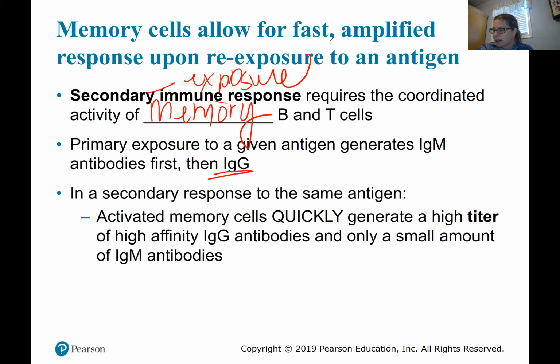I'll show you a slide of that here in just a second. So second response to the same antigen works really quickly and generates a higher titer. And a titer is basically just the concentration of an antibody in a substance like the blood. So if you have high titers of antibodies, that means you have a lot of antibodies per unit of blood.